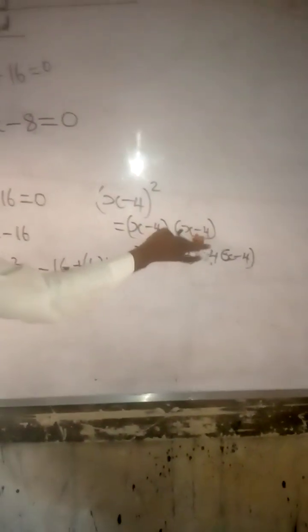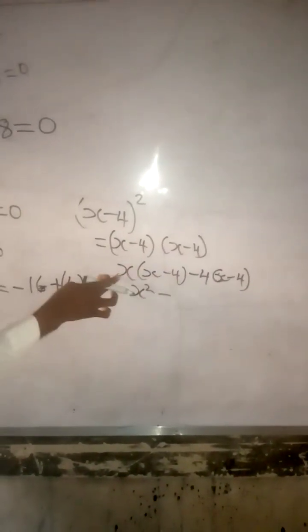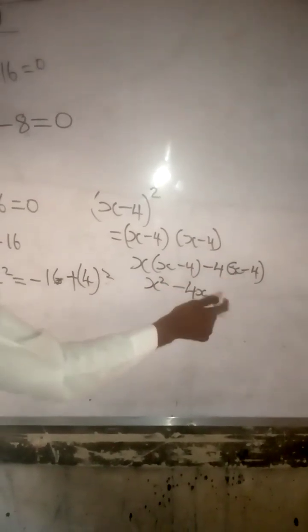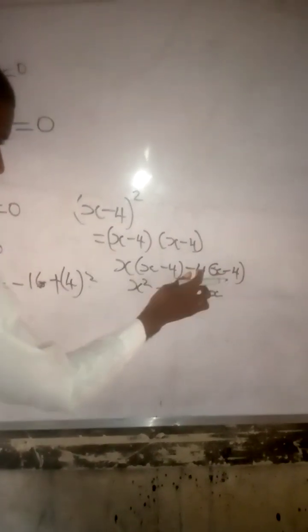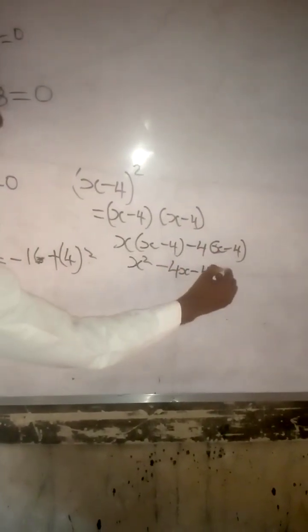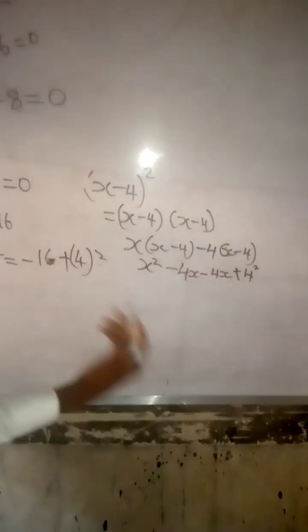That is, we pick one inside the bracket and multiply it by the other bracket. So we have x squared, minus 4 times x gives you minus 4x, minus 4 times x gives you minus 4x, and minus 4 times minus 4 is equal to plus 4 squared, and 4 squared is equal to 16.